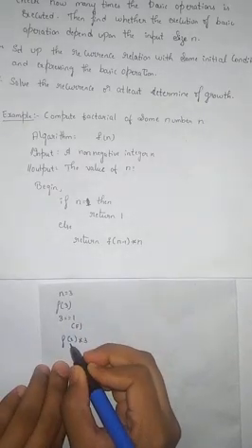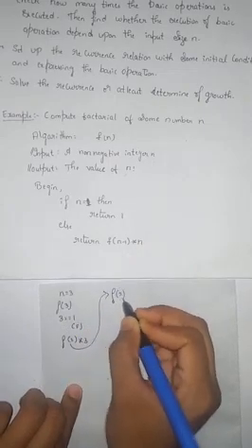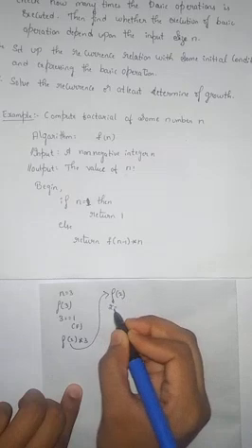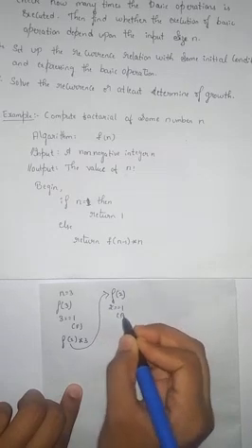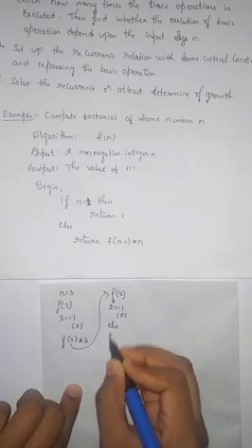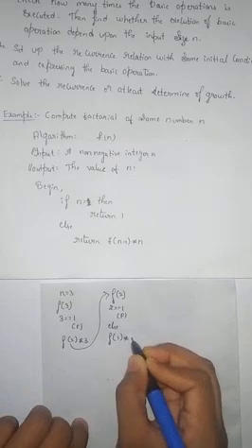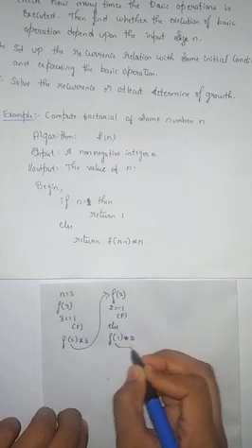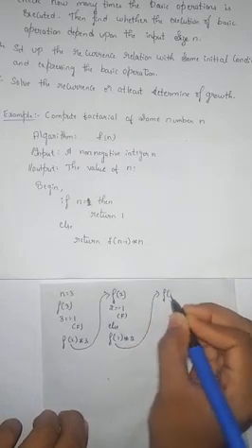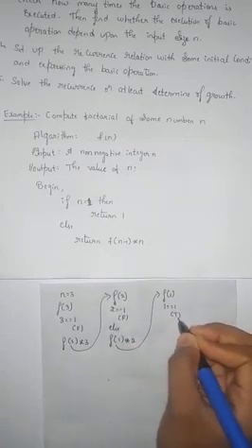Once again, this will call the function f of 2. Once again, it will check whether 2 is equal to 1. No. So it moves to the else condition, where f of 2 minus 1 is f of 1, and n is 2. Once again, this function will be called, f of 1, where 1 is equal to 1, true.